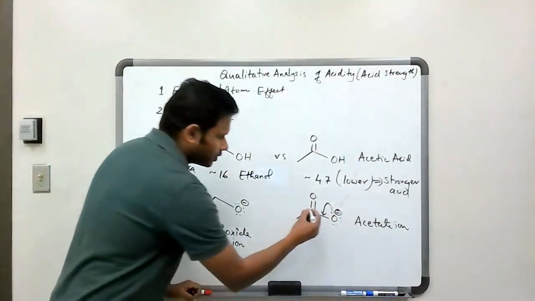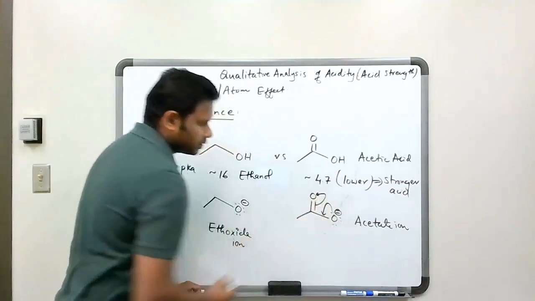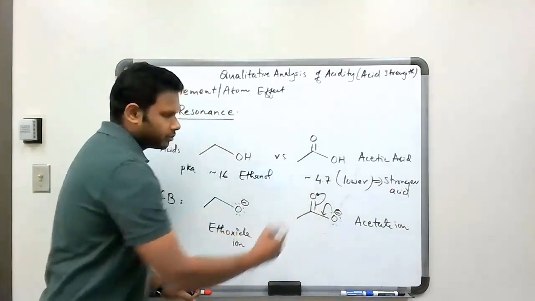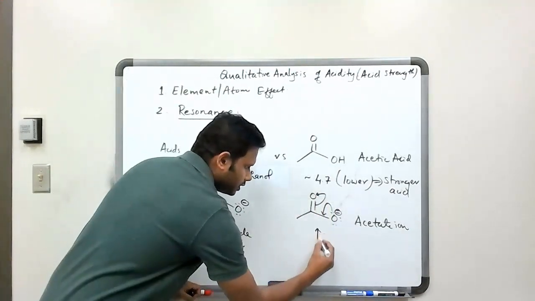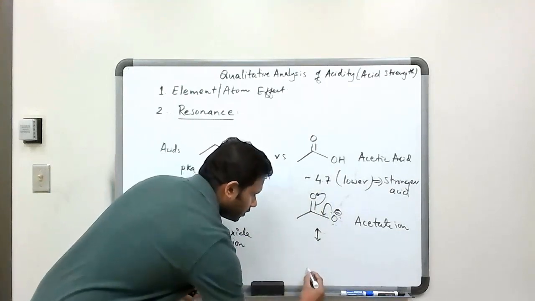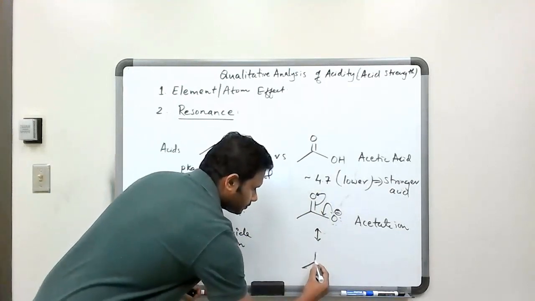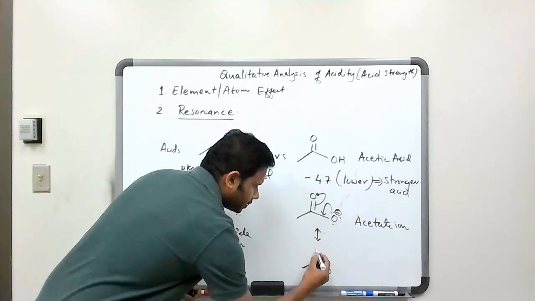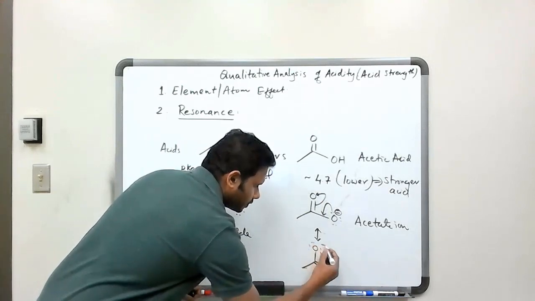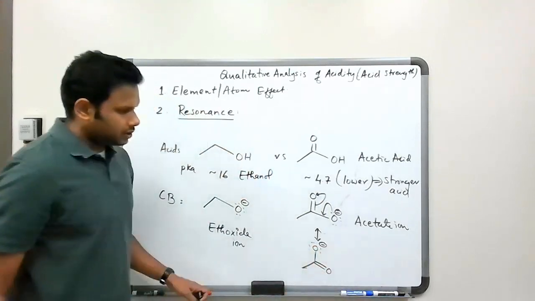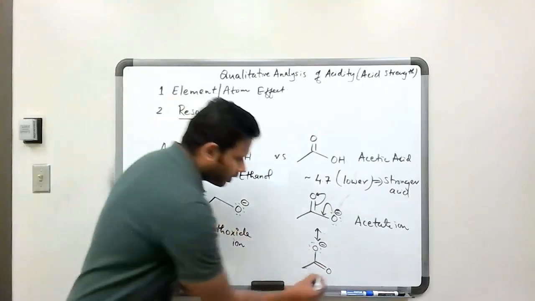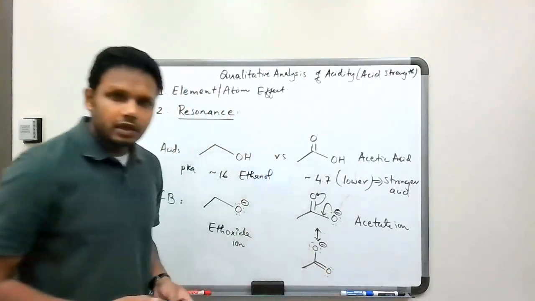I can take that negative charge, push it over to that oxygen, and then move the pi bond over to the other oxygen. And what that means is we can write a resonance form where the negative charge is now on the other oxygen atom.